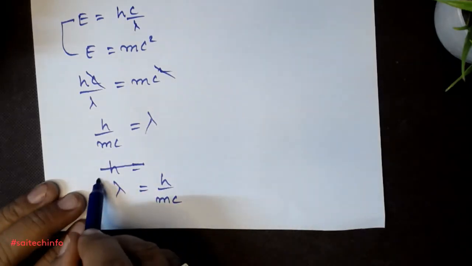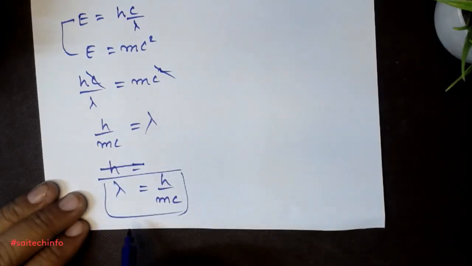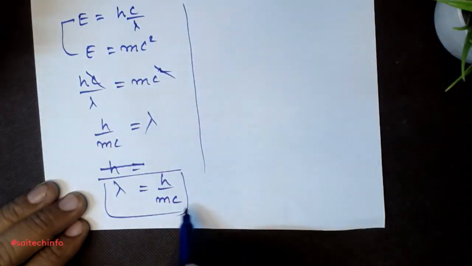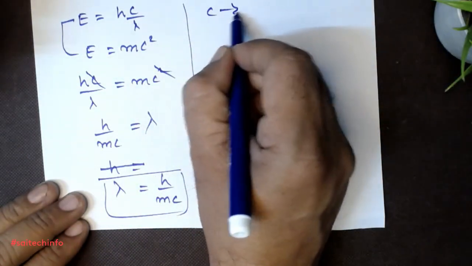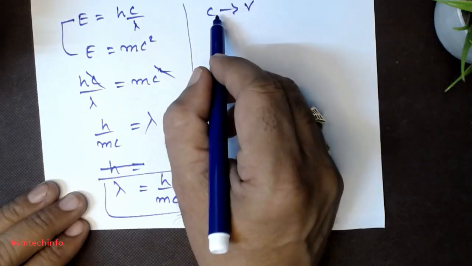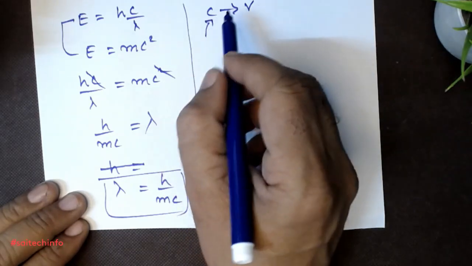And this is as far as particle nature is concerned. But when it behaves as a wave, c is replaced by velocity. This is the velocity of light.